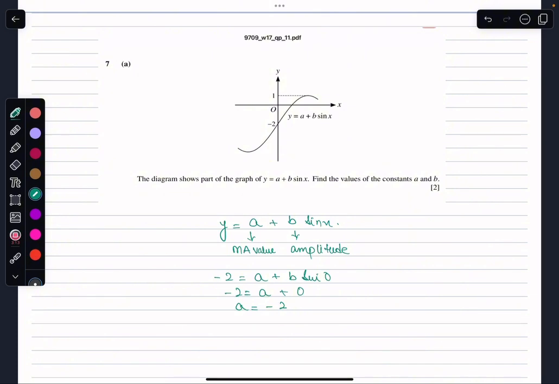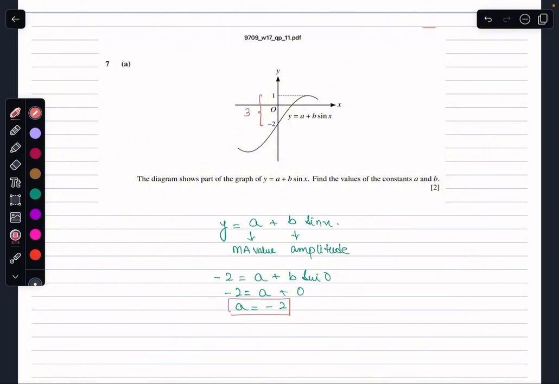After getting the a value, which is negative 2, the next thing that I should know is that the maximum value here is positive 1. Therefore, I can get the amplitude, which is actually the coefficient of sine of x. From 1 till negative 2, I can see that the amplitude is going to be 3 units.